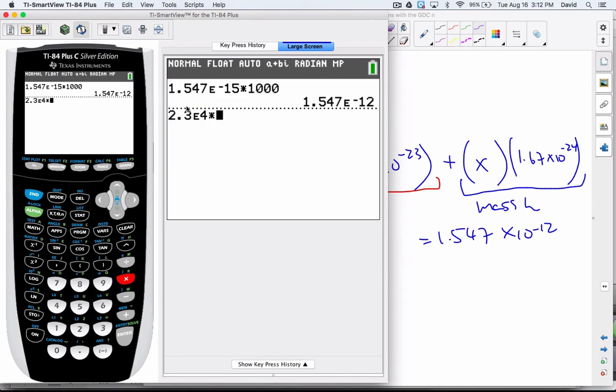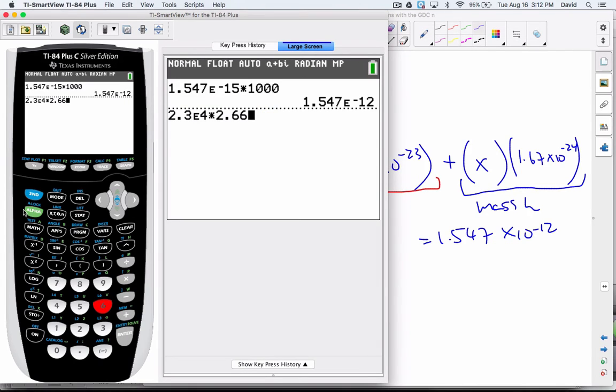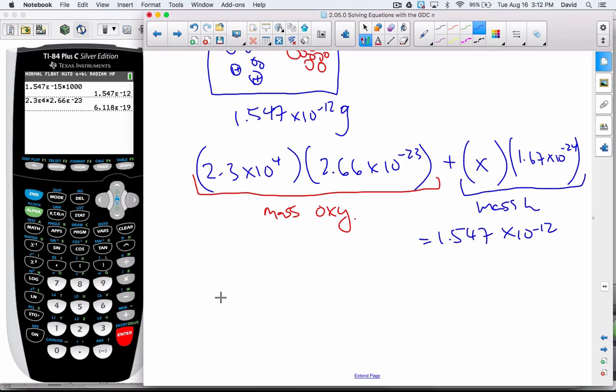It knows it's one whole number already. Right, so you don't need to use parentheses or anything. Exactly. And then the other value, 2.66 E negative 23. And so now I know the mass of the oxygen, 6118 times 10 to the 19.